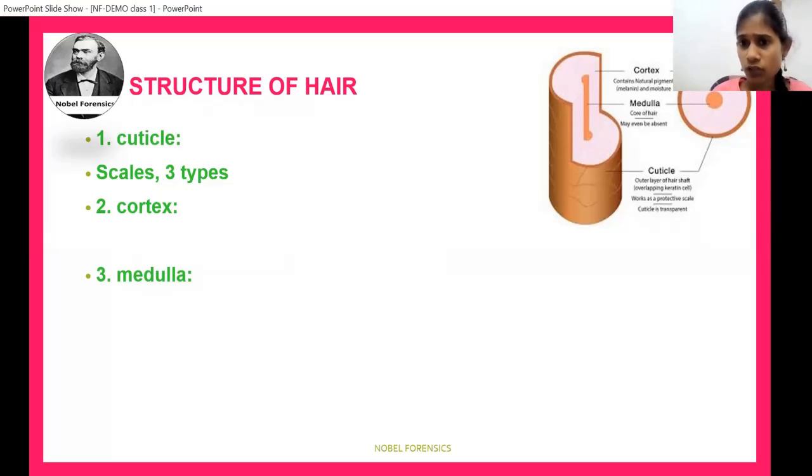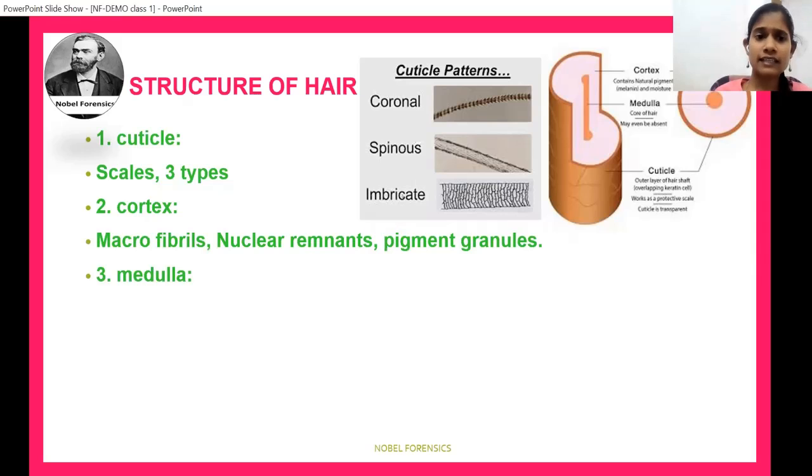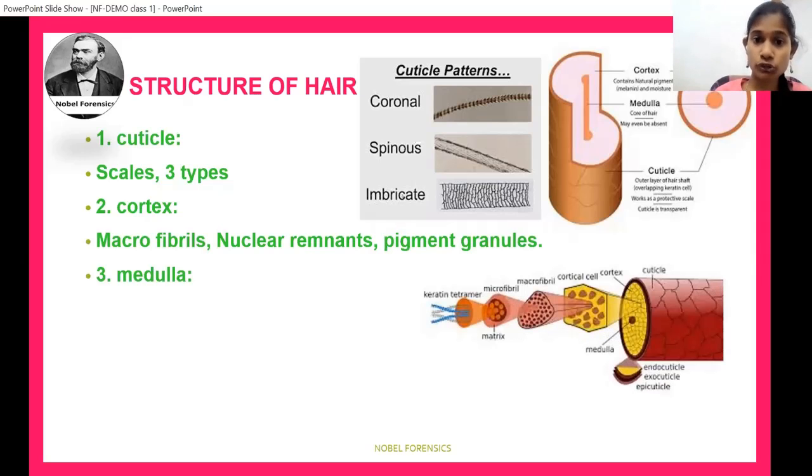Then the outer layer is the cuticle, the middle one is the cortex and the inner one is the medulla. Then there are three types of cuticular scales: coronal scales, spinous scales, and imbricate scales. With this, we can identify the origin of species and also the individual animal. And cortex contains microfibrils, nuclear remnants, and pigment granules, which are nutrients for the hair.